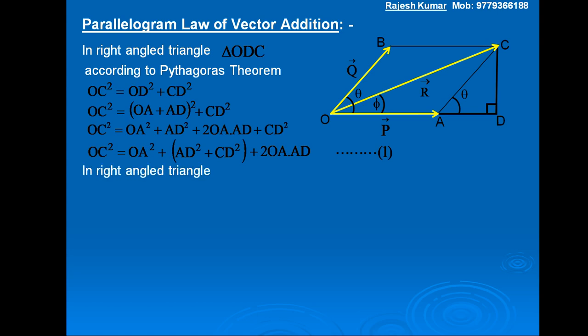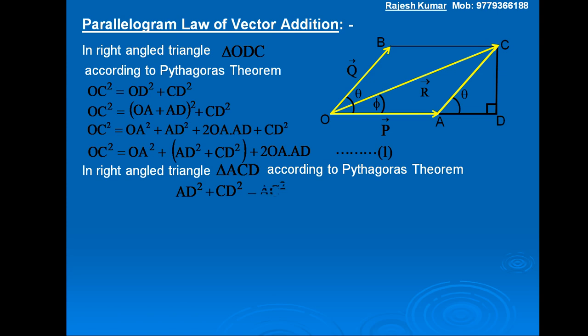Now in right angle triangle ACD, according to Pythagoras theorem, base square AD square plus height square CD square is equal to hypotenuse AC square. So put this value in equation number 1.